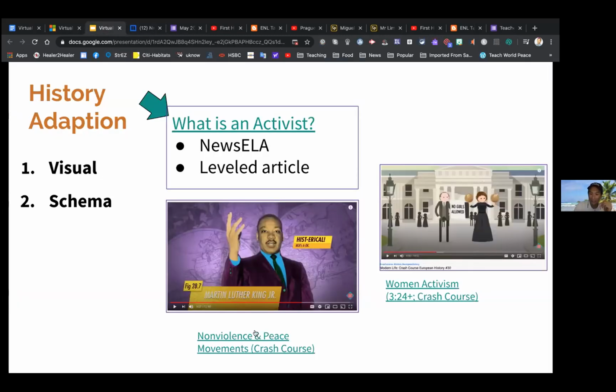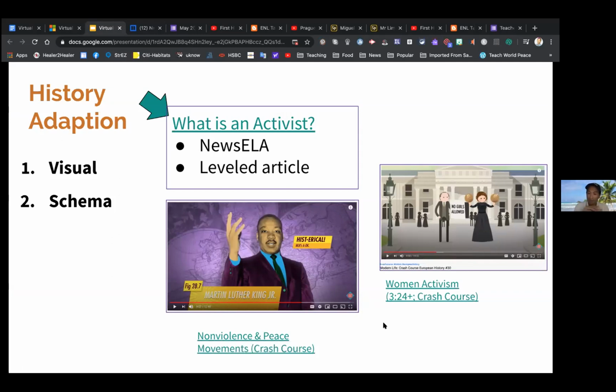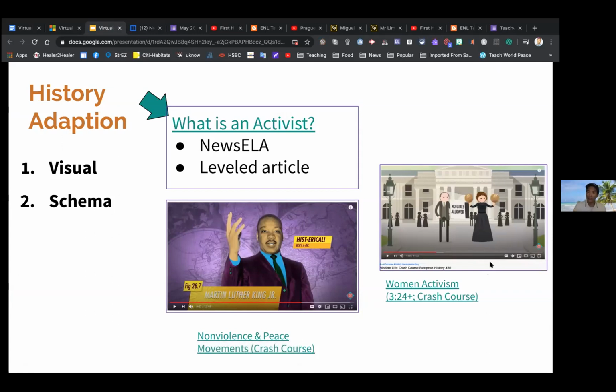Again, here are examples of different types of movements. I won't show these, but they're still from Crash Course, like women's activism. It's a really good video to show background information on where American activism came from England, right?